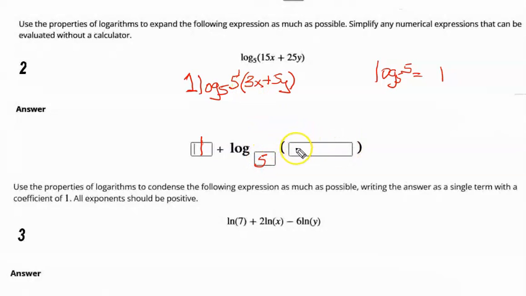And then what's left in the parenthesis here is 3x plus 5y. Okay. And you might have left it this way, but you didn't simplify this. So a hint in the sense of what's needed there. All right, let's go on.